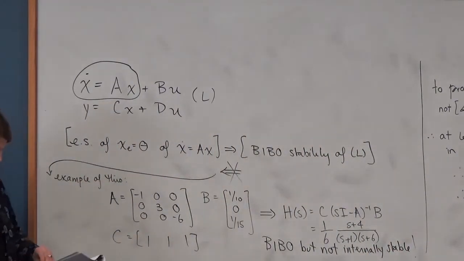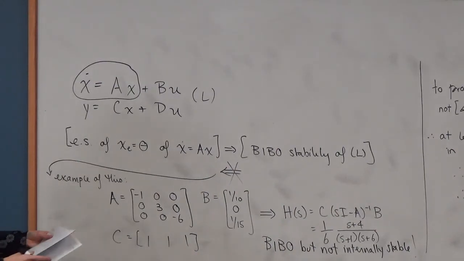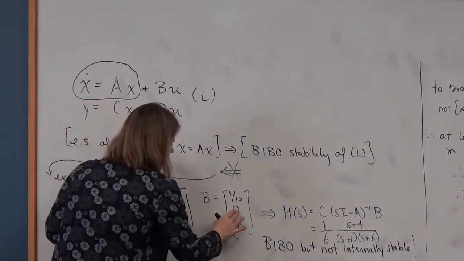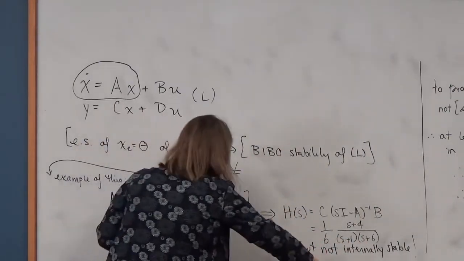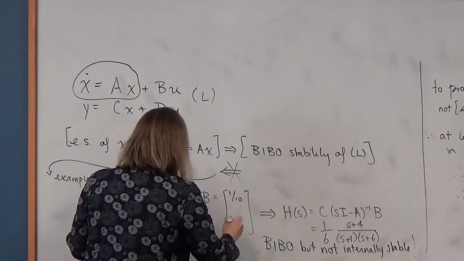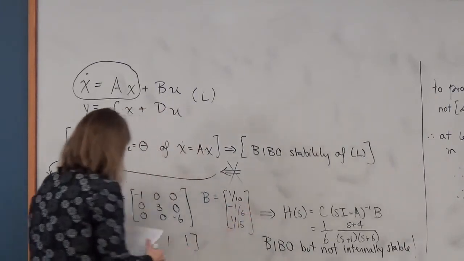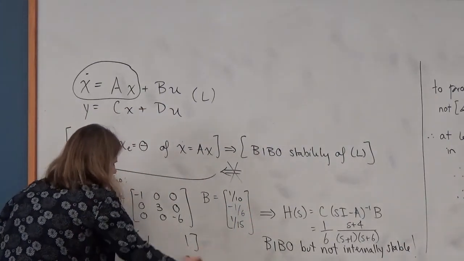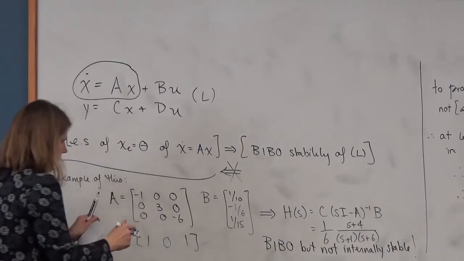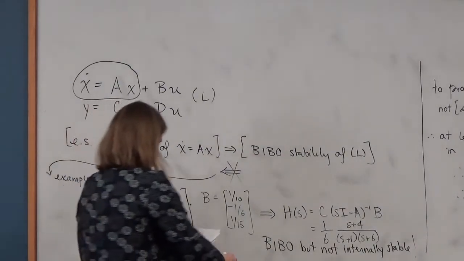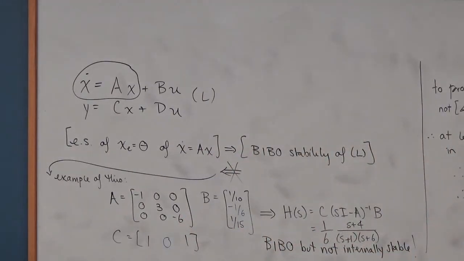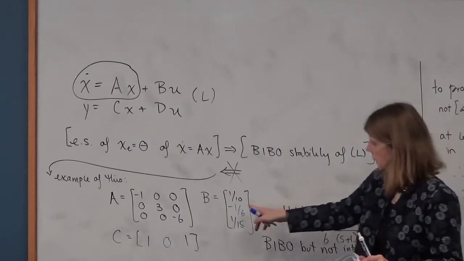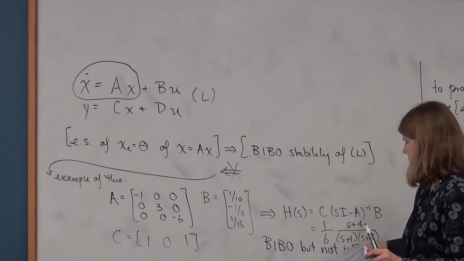I put in a third example where I did the same thing, just to illustrate. I kept the A matrix the same, but now I put a 0 down here. Again, when you calculate the transfer function, you get the same transfer function. So in this case, the system is BIBO stable, but again not internally stable.